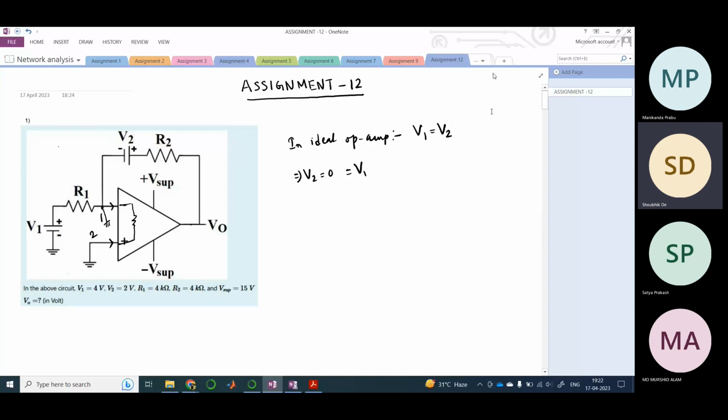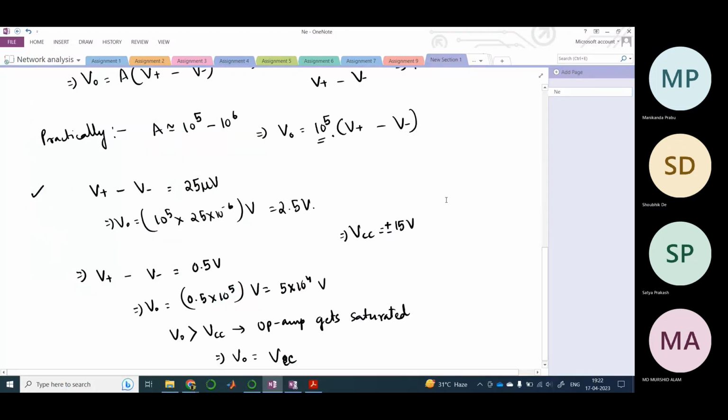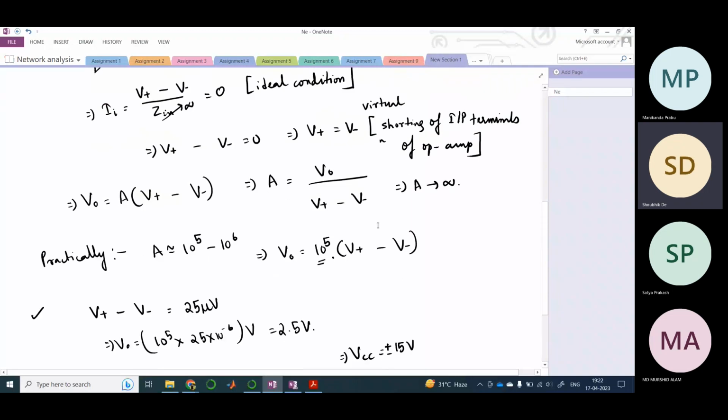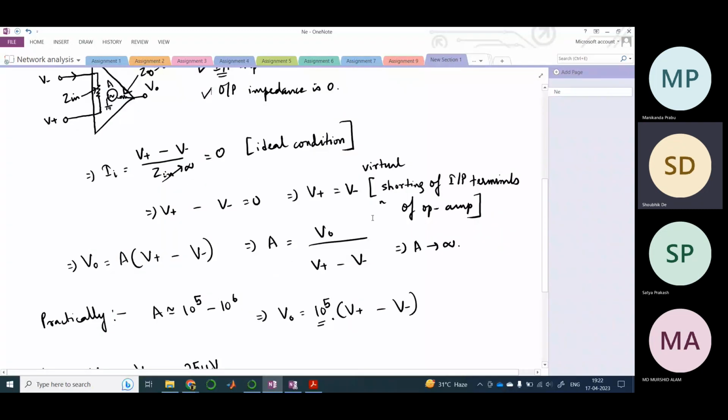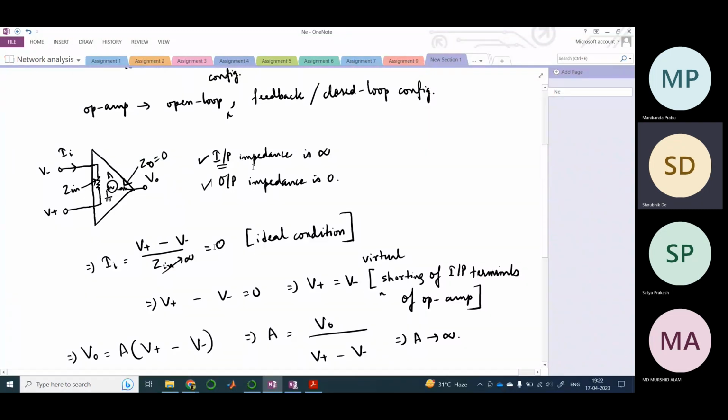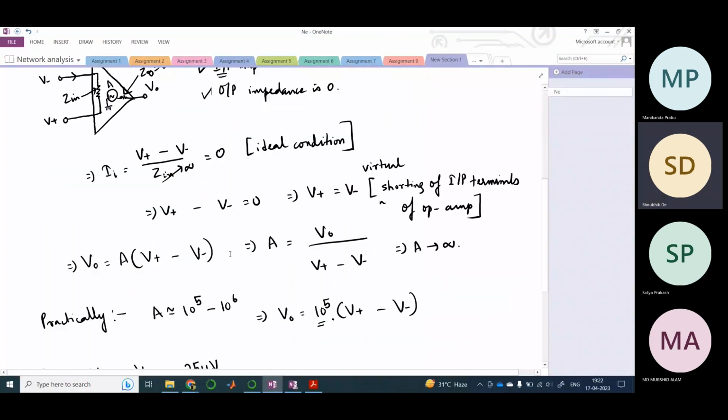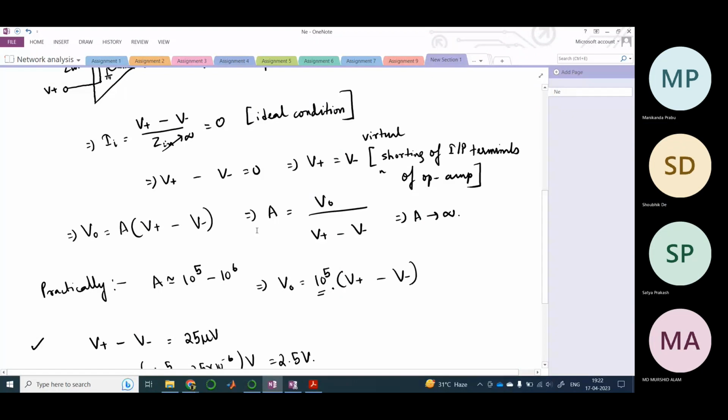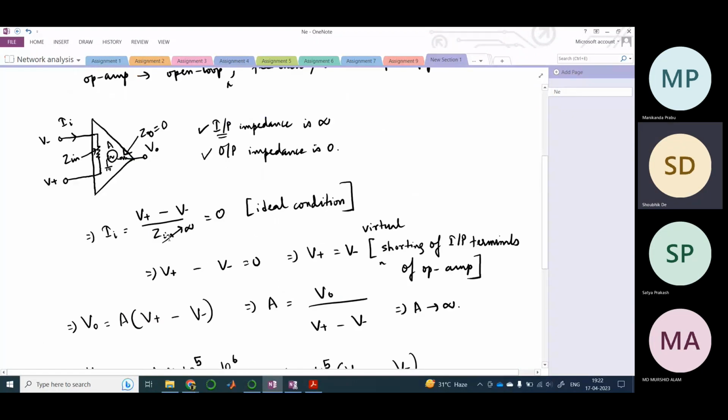As I told you, see, in practical applications, in the ideal case we saw that input impedance is infinite, right? Therefore the input current flowing through this path would be zero. But in the practical case, the input impedance won't be infinite. There would be some resistance or impedance, but it would be very high.